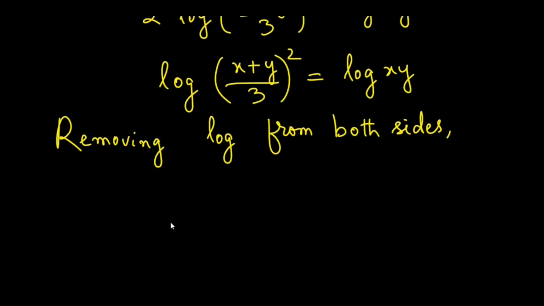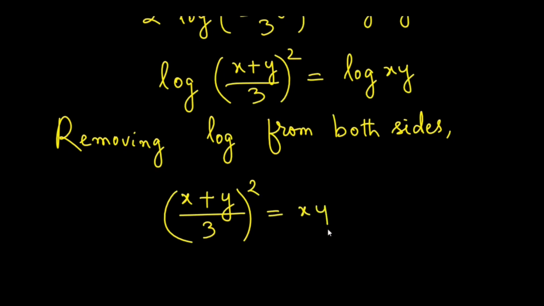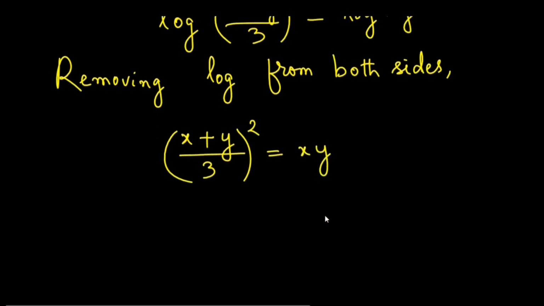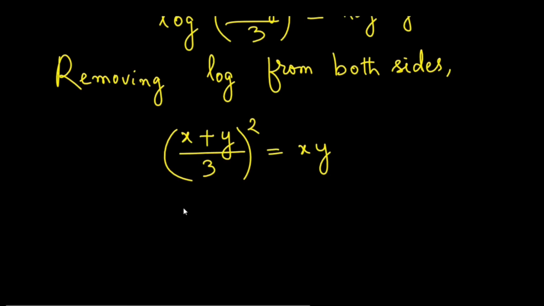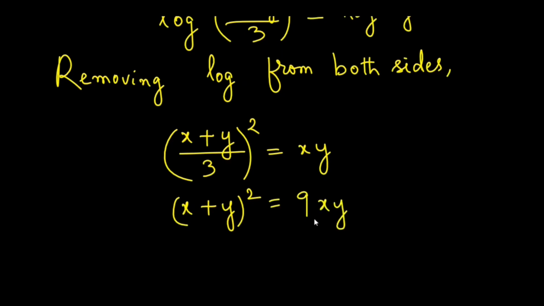Now this becomes ((x plus y) by 3) whole square is equal to xy. Now this is (x plus y) whole square is equal to 9xy.